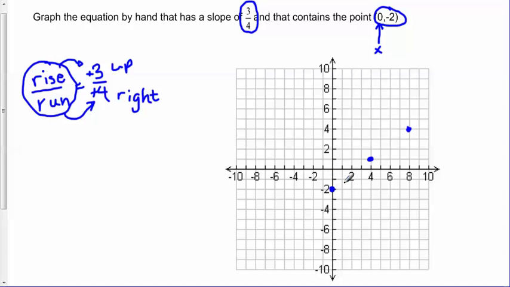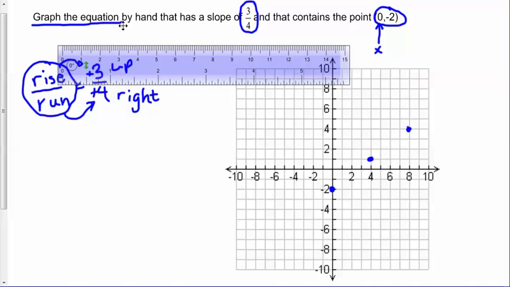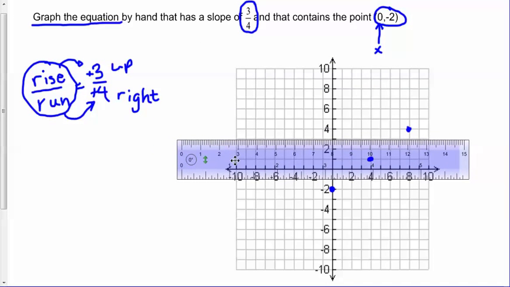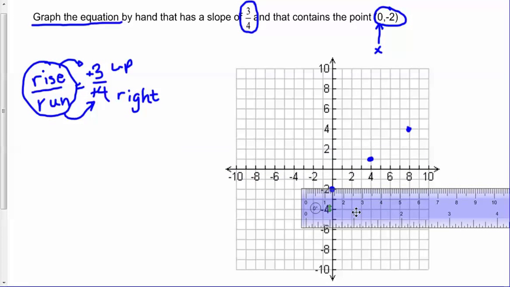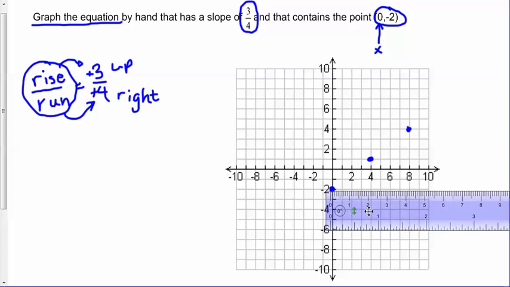We now have 3 points that are going to be on our line, but we don't want to stop there. We want to graph the whole equation. And so that means that we're going to want to connect these using our straight line. So we're going to grab our straight edge. So here's the straight edge. And this is just like you would do by hand. You're going to take the straight edge and line it up with one of your points, and usually just choose the one to the furthest left.